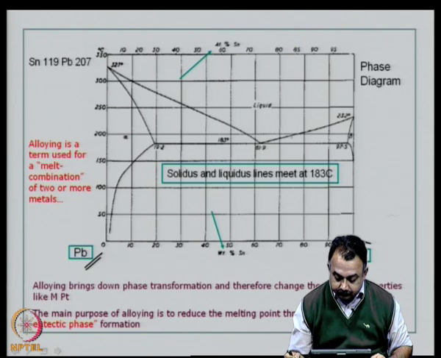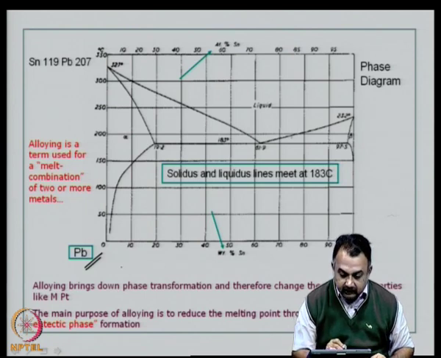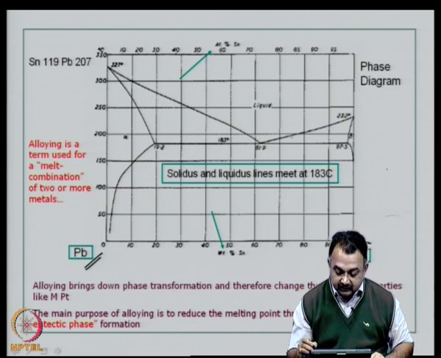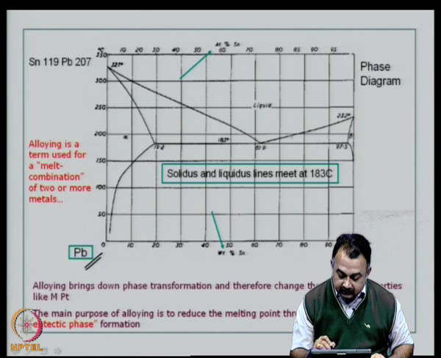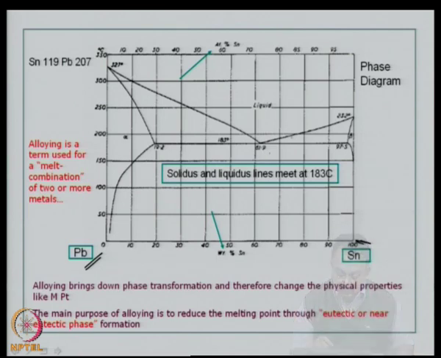Now, if this phase diagram represents the mixing of the individual metals, you can see that the solidus and liquidus portions of the tin lead material meet at 183 degrees centigrade, which we call the eutectic composition or eutectic melting point of tin lead, and which corresponds to 63:37, that is 63% of tin and 37% of lead.